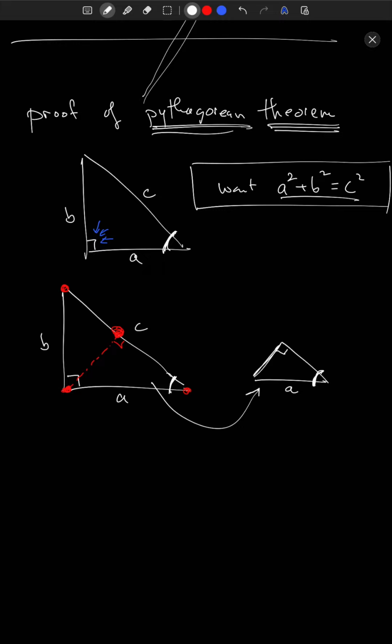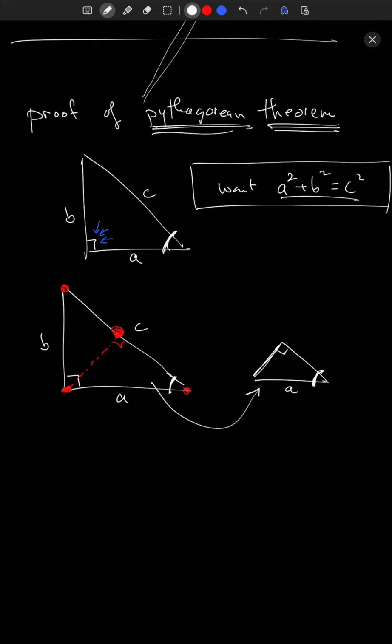Actually, they're literally the same angle. So our big triangle up here is similar to the small triangle here because they share two angles in common, which means they share the third angle in common as well, right?